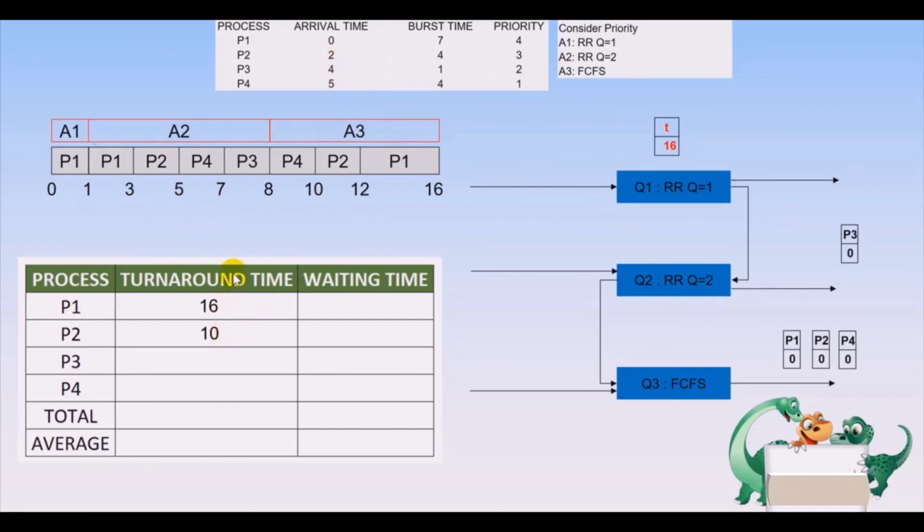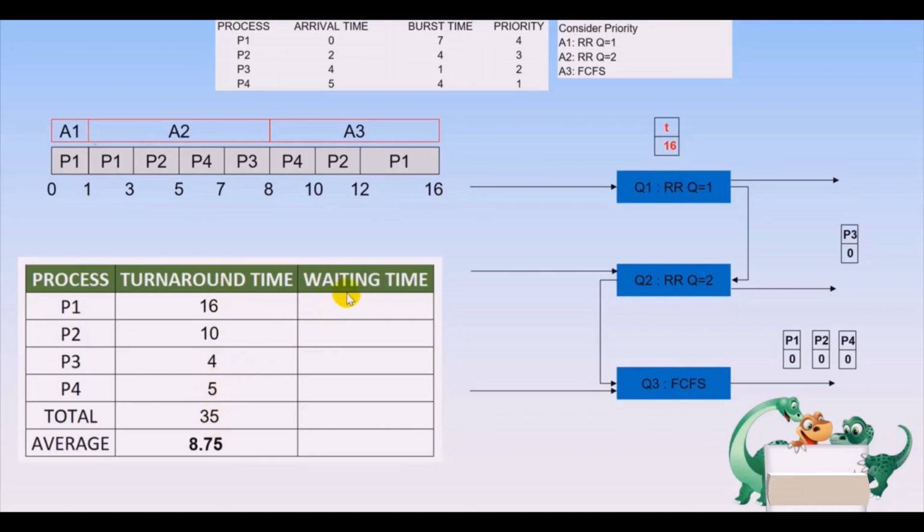Process 3 finished the execution at 8 minus 4, so that would be 4. And process 4 finished the execution at 10, so 10 minus 5, that's 5. So the total is 35 divided by 4, that's 8.75 milliseconds.